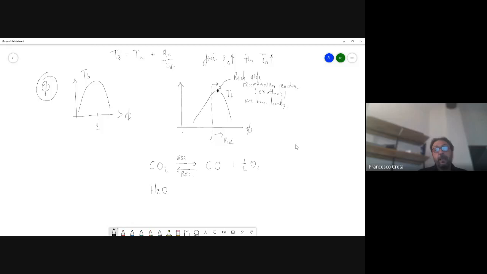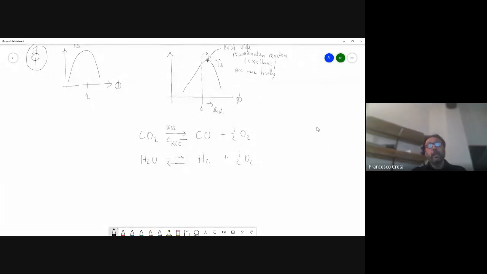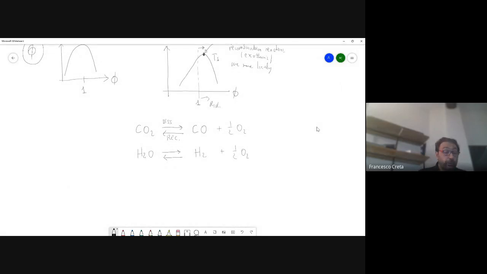Same thing, dissociation from left to right, recombination from right to left, for water into, for example, H2 and again O2. Now, when you are in rich conditions, it happens that these reactions will be favored from right to left, so through the recombination side.